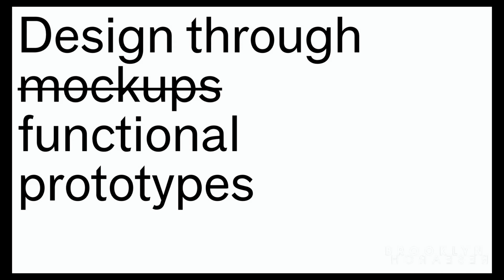One, and we already talked a bit about this, we use prototyping as a means for creating. We mix this with traditional tools as well, but we add programming as a creative tool, as one of the tools we use in our toolkit.